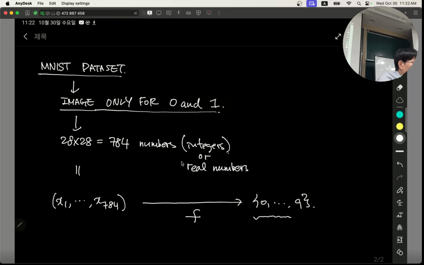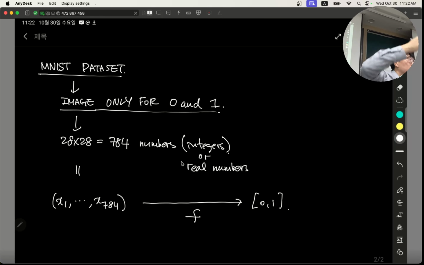Then the size of the image is the same. So we still have a 784 dimensional point as the input of our model, but my output is now 0 or 1. So I just want a number between 0 and 1. I can imagine that the codomain of the model is 0 to 1.